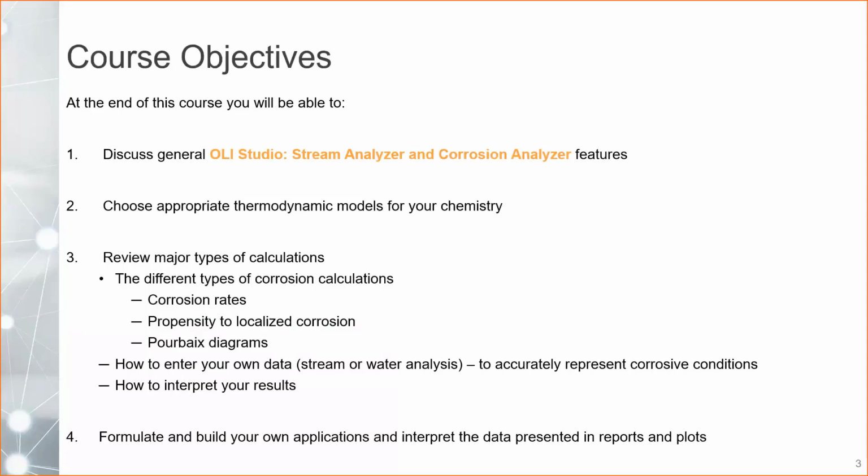We will be learning how to do corrosion rates, how to identify or understand the propensity to localized corrosion, and understand Pourbaix diagrams. We will also learn how to enter water analysis so that you also can use those water analysis to perform corrosion calculations. And we will learn how to interpret all of our plots and results.